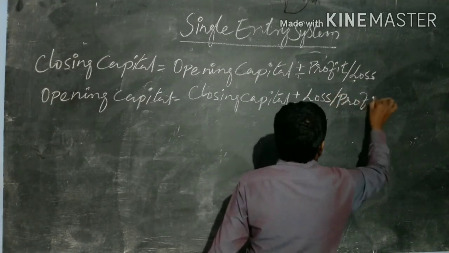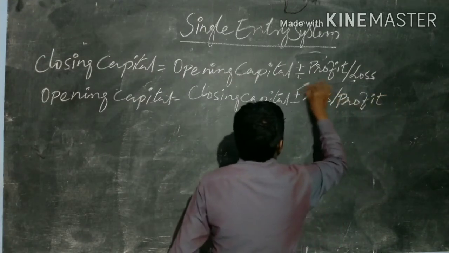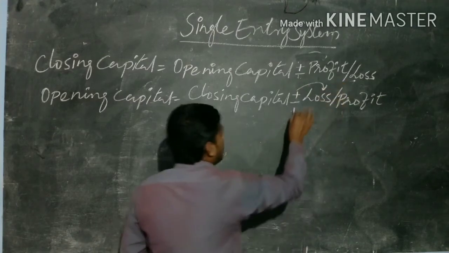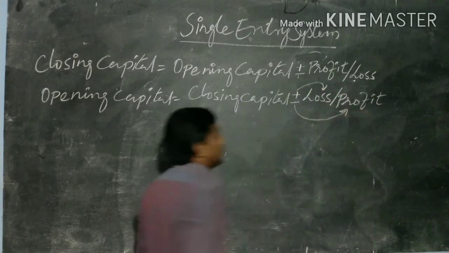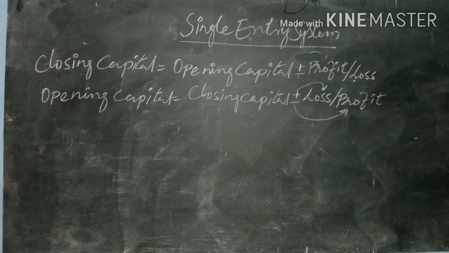Here I have written loss first. It means if loss is given, you need to add. If profit is given, you need to deduct. Like that we can calculate the closing capital as well as the opening capital.